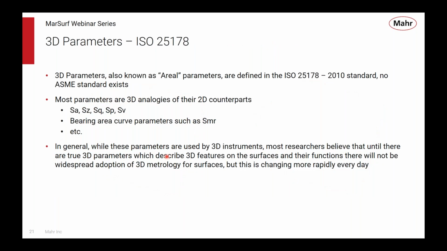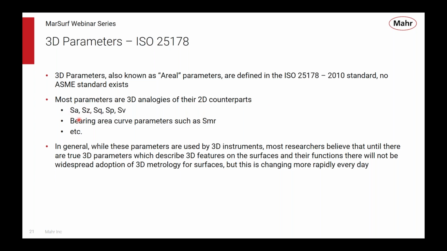On those 3D surfaces, there are 3D parameters, just like there are 2D parameters. Ra is the one people know from the skidded and skidless instruments. We're going to talk about parameters in episode 4, and we're going to talk about lots of different parameters. In the 3D world, there are 3D analogies for the 2D counterparts that people are commonly using, like Ra and Rz.